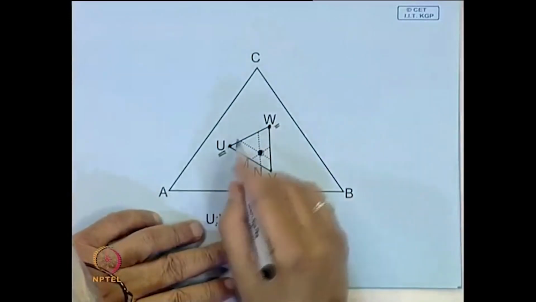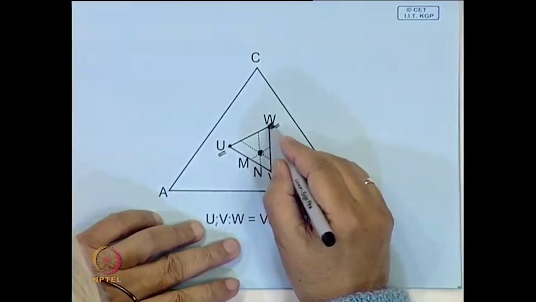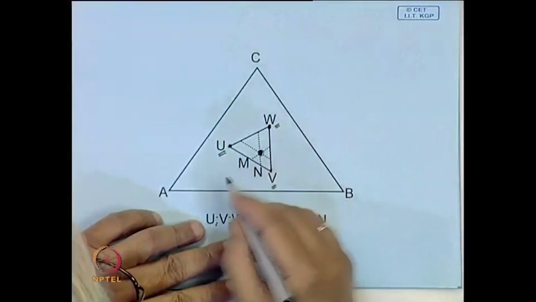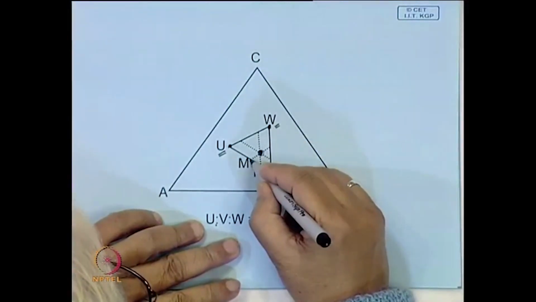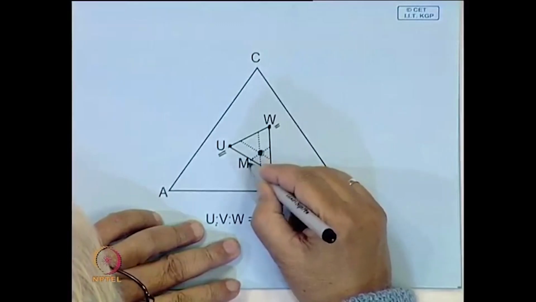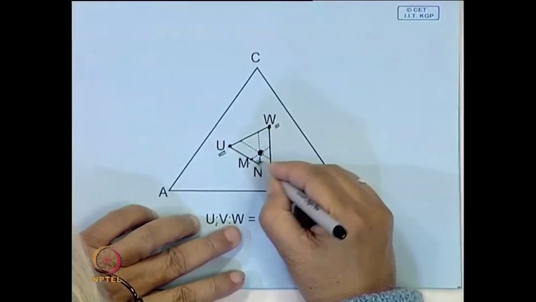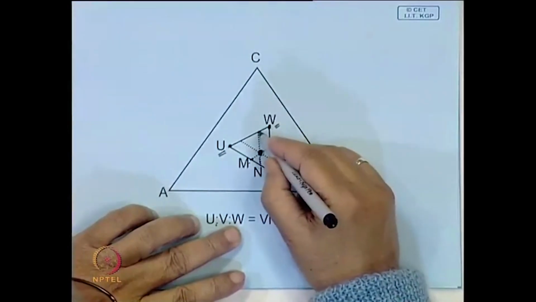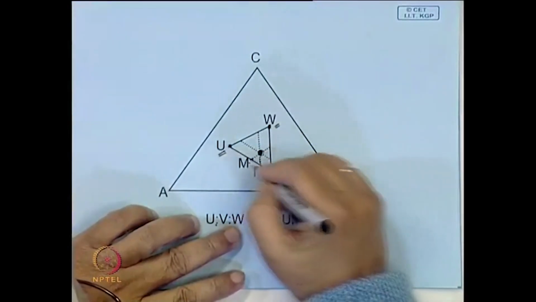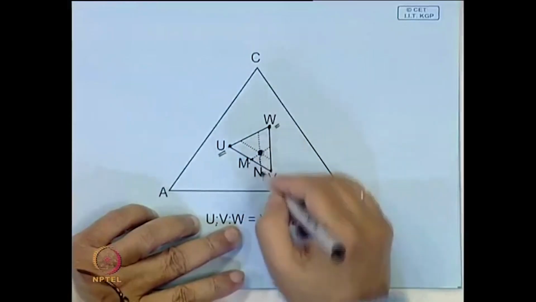Now, look at how much is W. W will be proportional to this part, and these 3 will constitute an equilateral triangle. So, here also you draw lines parallel to each of these lines.